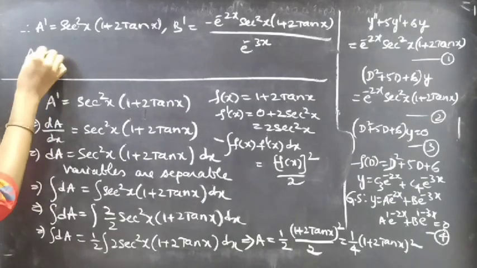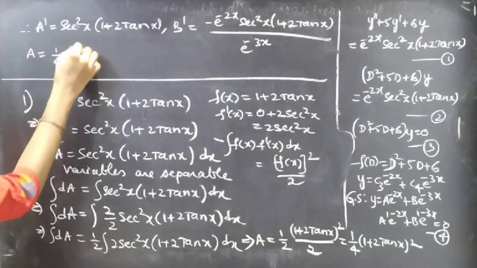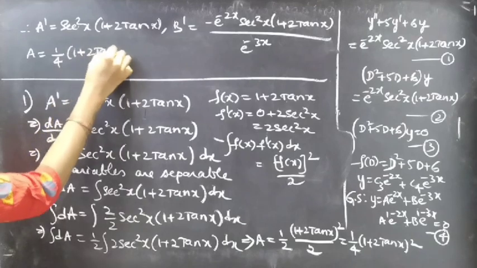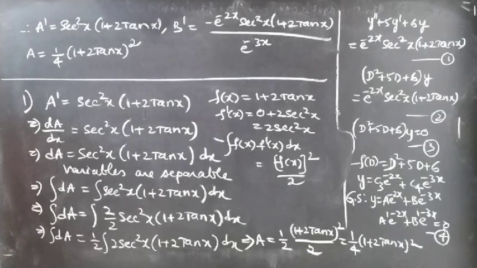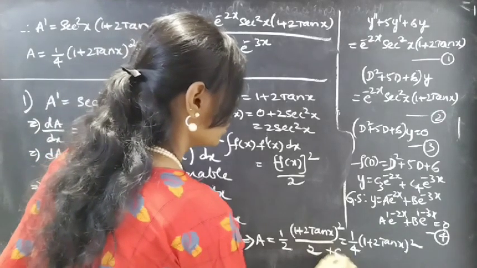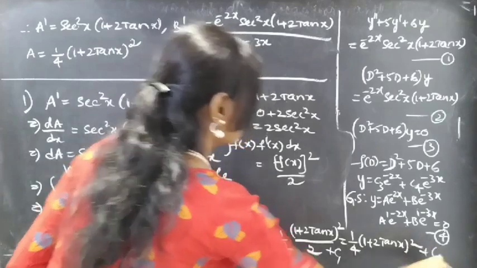Therefore a equals 1 by 4 of 1 plus 2 tan x whole square. You need to write the integral constant, plus c1.